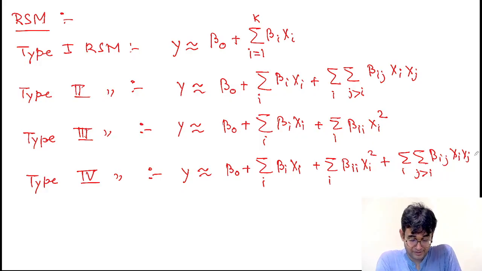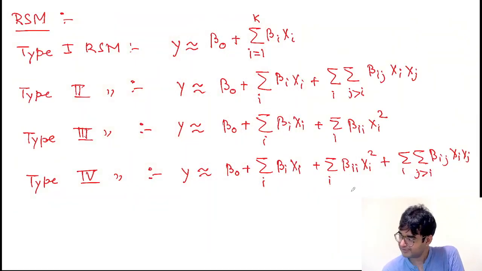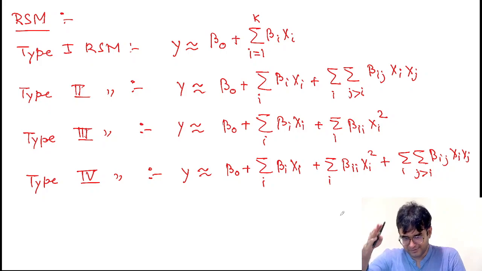Okay, actually you cannot remove it, it will be j greater than or equal to i. Less than i still should not come because then x1 x2 and x2 x1 will be double counted. Yeah, you can do that, but the coefficients will be double counted. So the easy thing, you are right, I can remove this term and here I can make it greater than or equal to. But I am writing in this form so that you can visualize that it is nothing but a combination of type 2 and type 3.